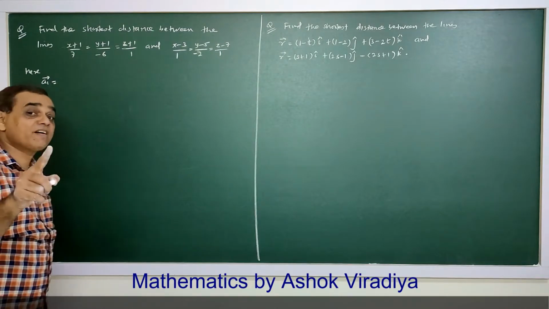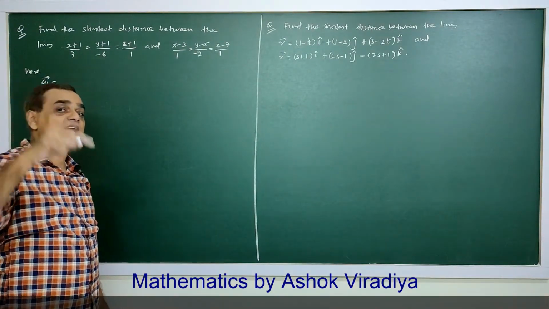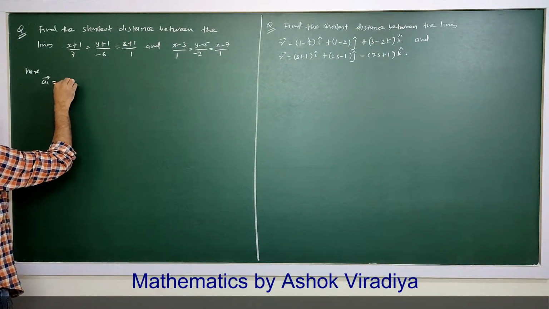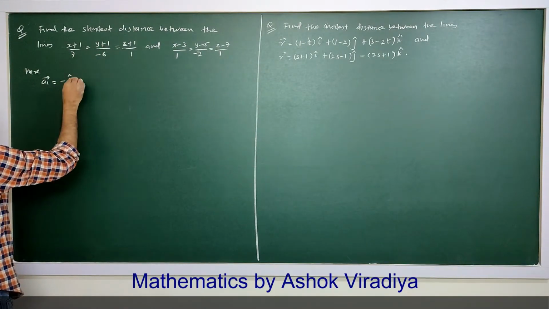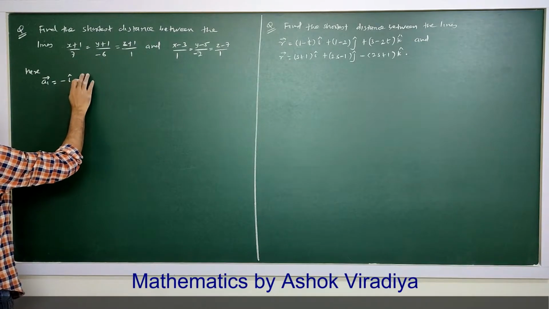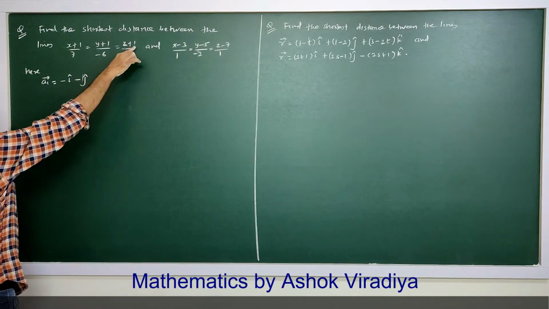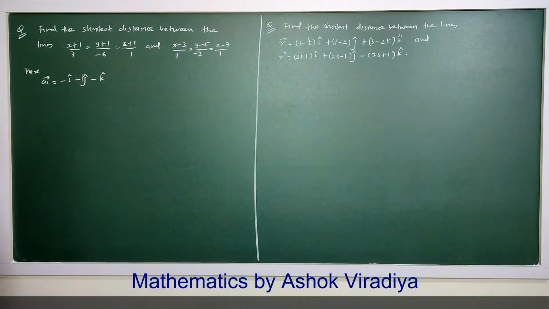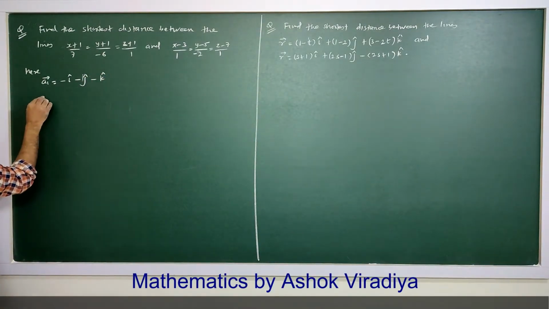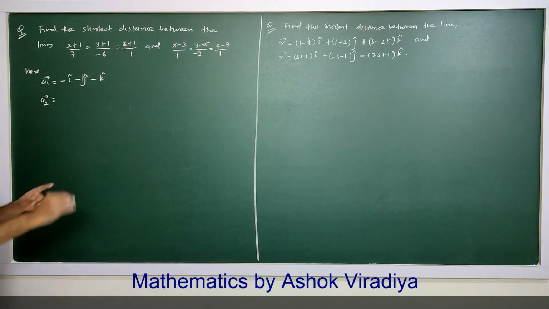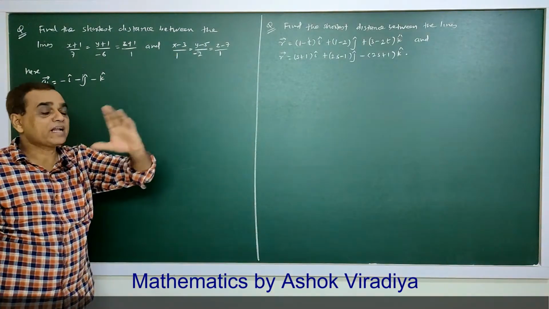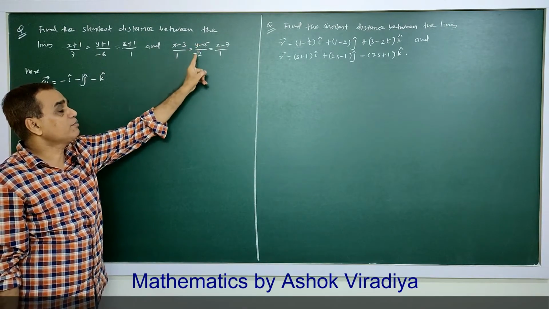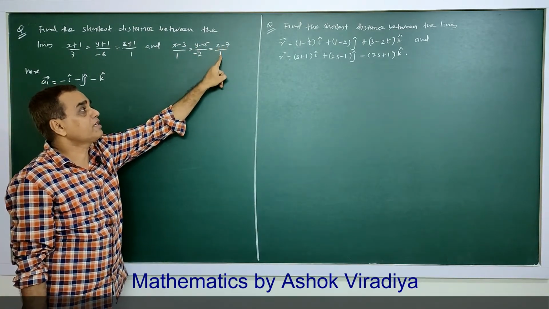Take vector a1, that means the position vector of a point which lies on that line. Here this is plus 1, so take minus 1 times i. This is plus 1, minus 1 times j. Plus 1, so minus 1 times k. From the second equation, a2, we are comparing with x minus x1 upon a equal to y minus y1 upon b equal to z minus z1 upon c.